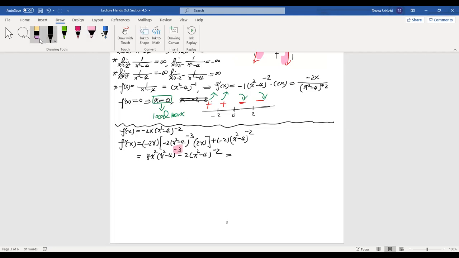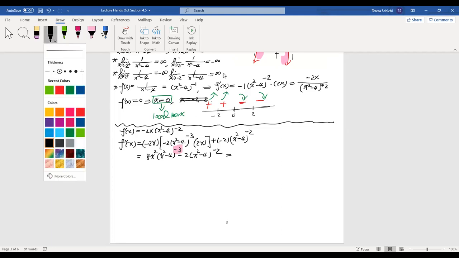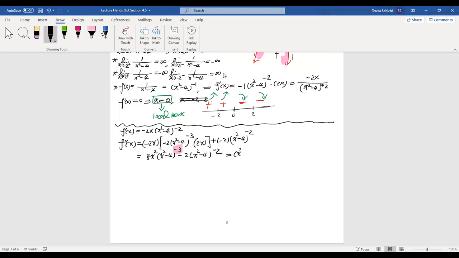Negative 3. So I find the common denominator, so I factor out (x squared minus 4) to the negative 3. If you factor it out, on the first term I have 4x squared. Because you factor the negative 3 out, what do you have on the second term? You will have the x squared minus 4 here, right? Because you need to multiply by one positive exponent to become the negative 2.